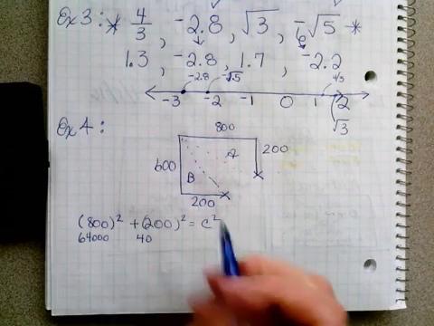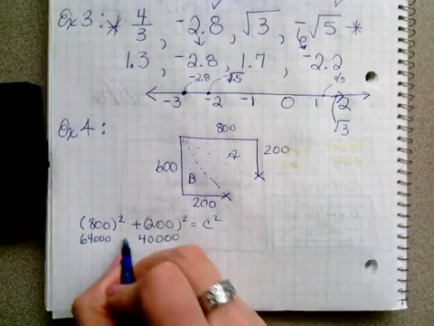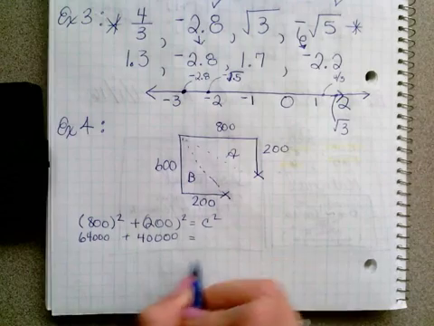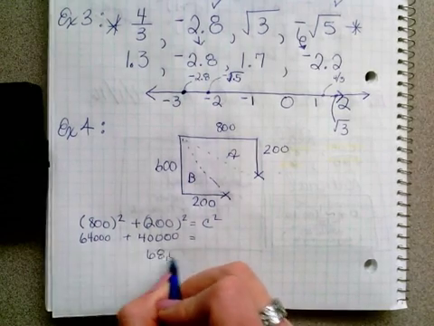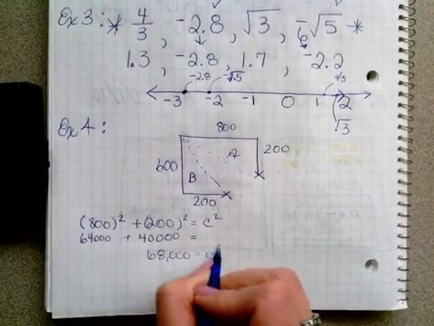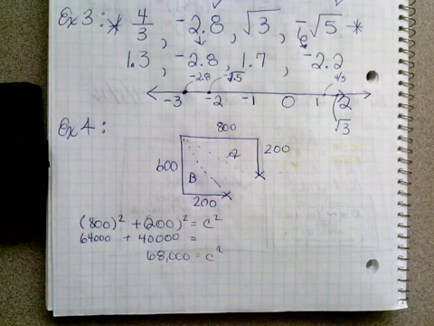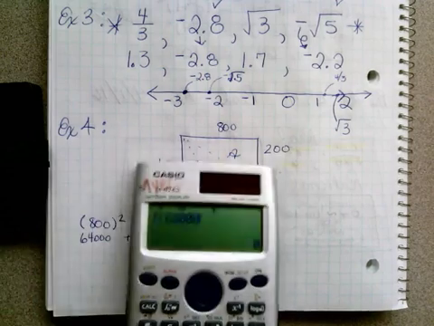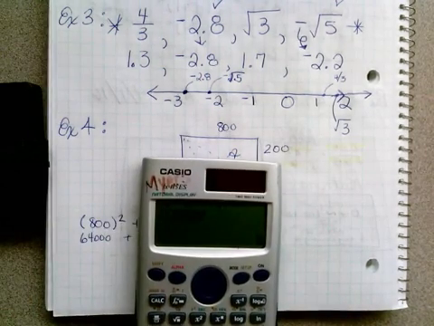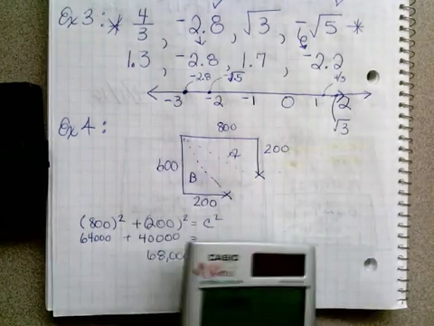And then you're going to take the sum of that, which is 680,000, is equal to C squared. What do I do with that 680,000? Find its roots. Oh my gosh, music to my ears. So you find the square root of 680,000.